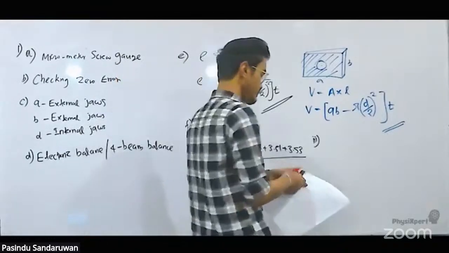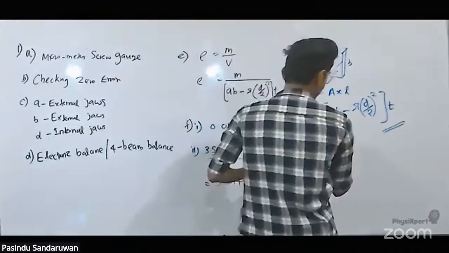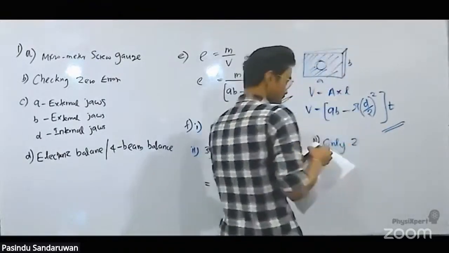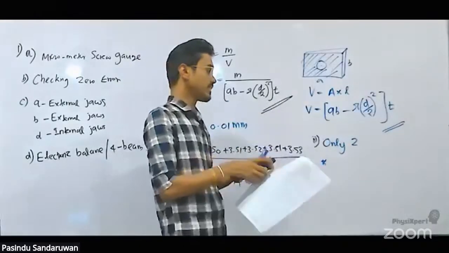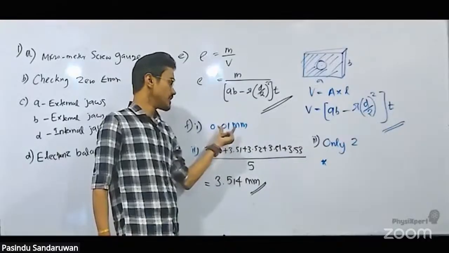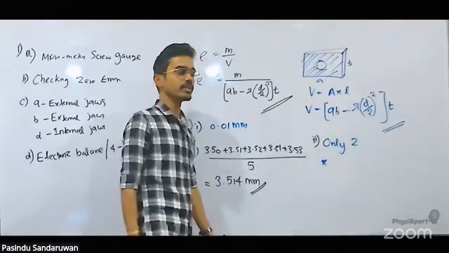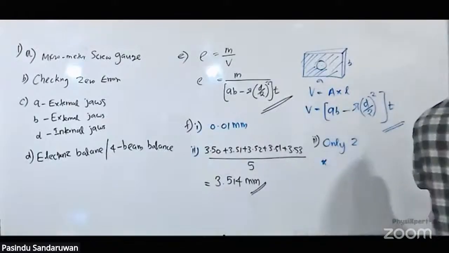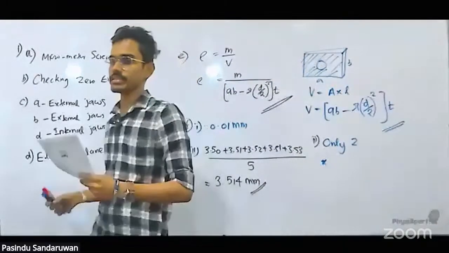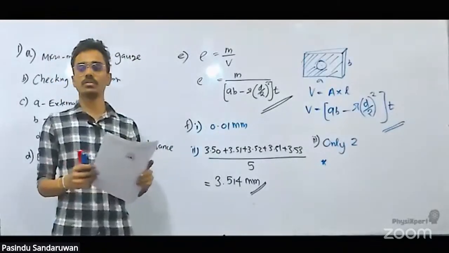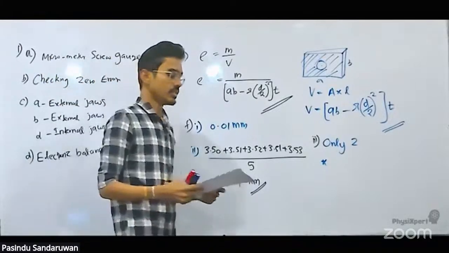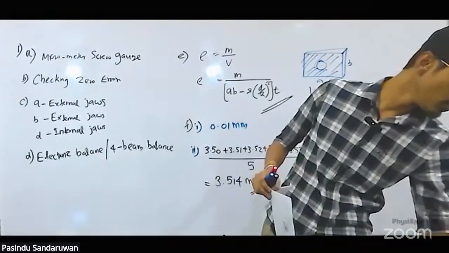And explain the reason: the least count of the instrument has only 2 decimal places, 2 decimal millimeters.